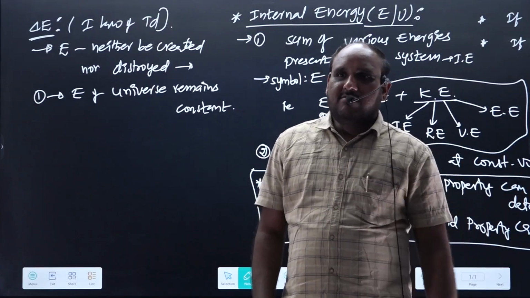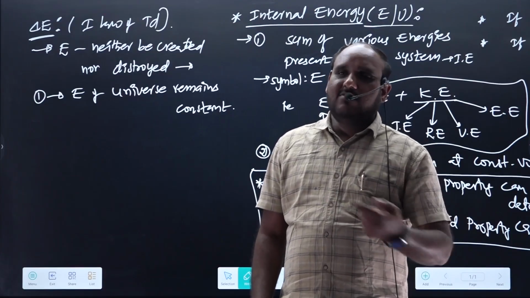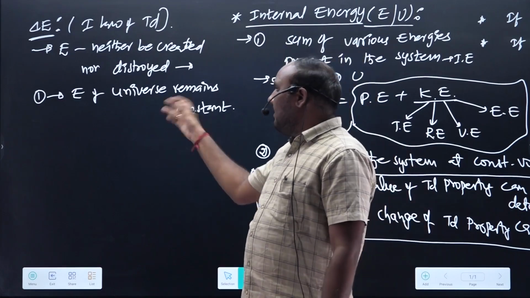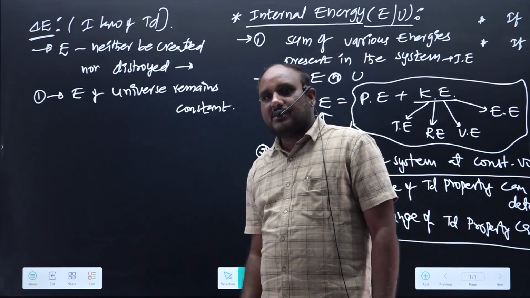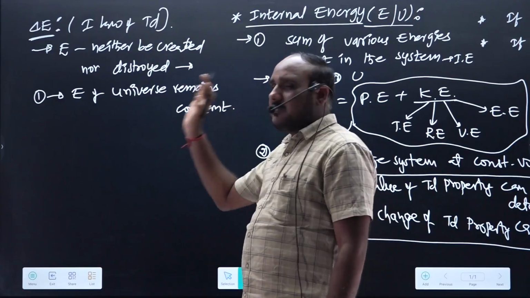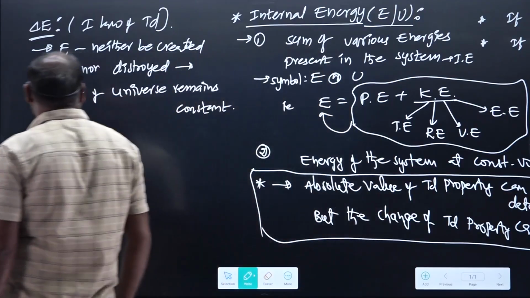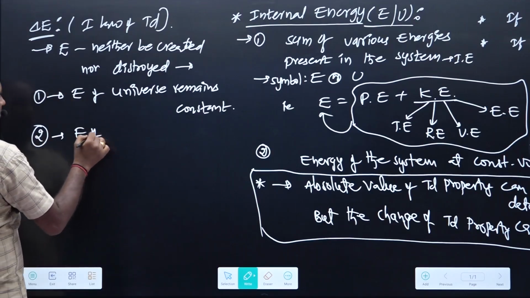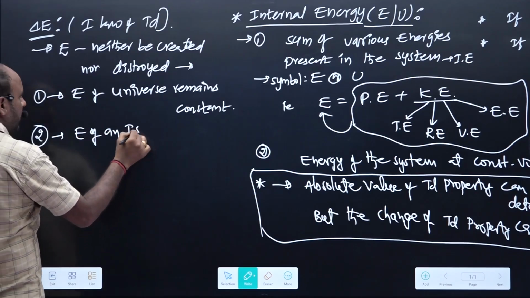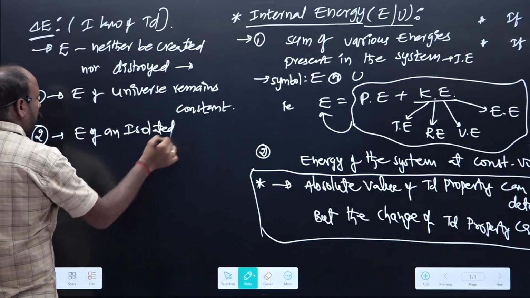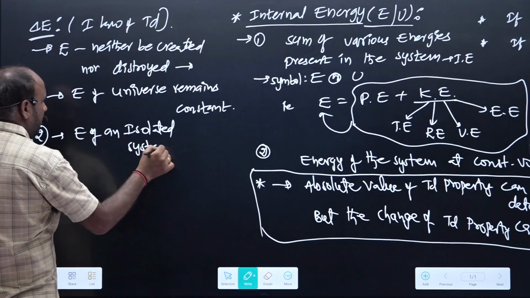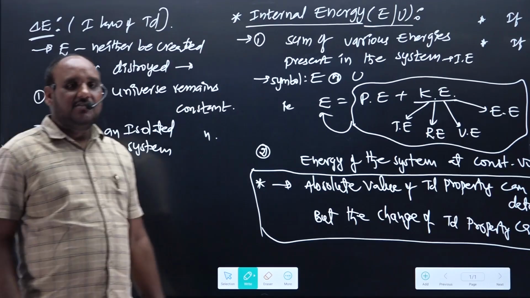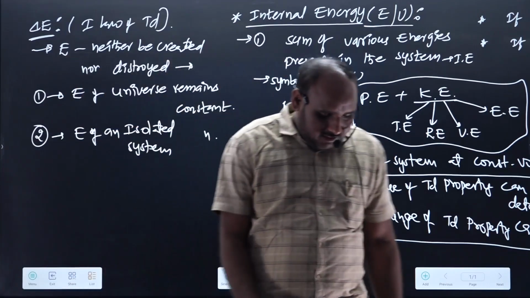If we had to create some energy, that won't be possible. That's why the energy of the universe is always constant. The next statement: energy of an isolated system remains constant. These are three statements of the first law of thermodynamics.